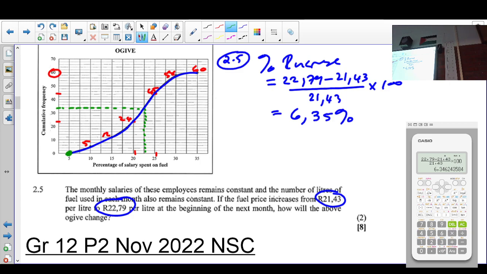Now this point can move. This is a variable move. However, this point here can't move. Why can't that point move? No, it can actually, as long as it's staying in line with that 60. Yeah, so it can move. So they're accepting the graph is moving to the right or the graph is steeper. Okay. Any one of that is acceptable.